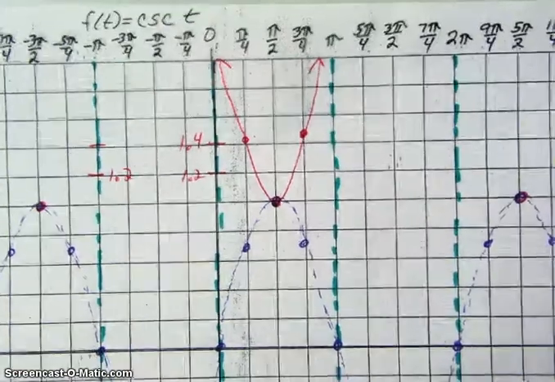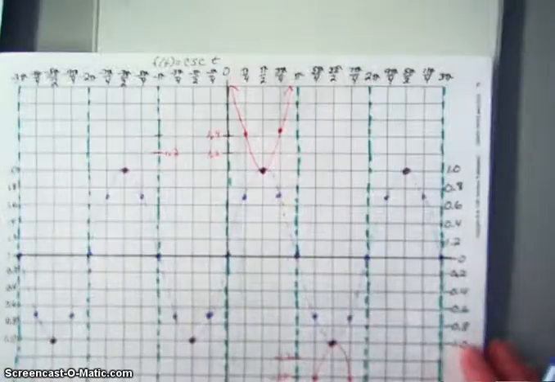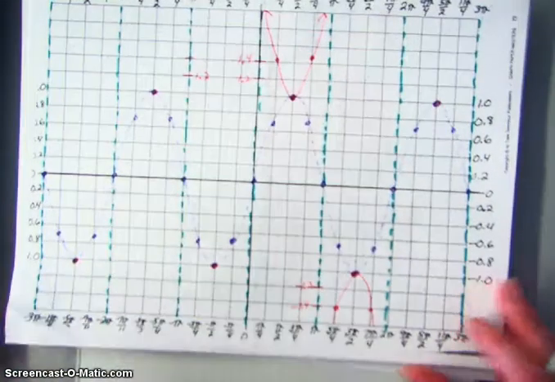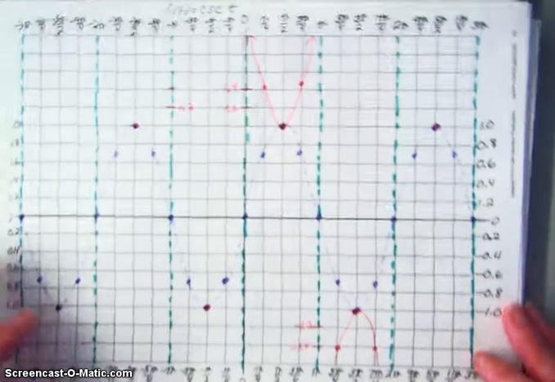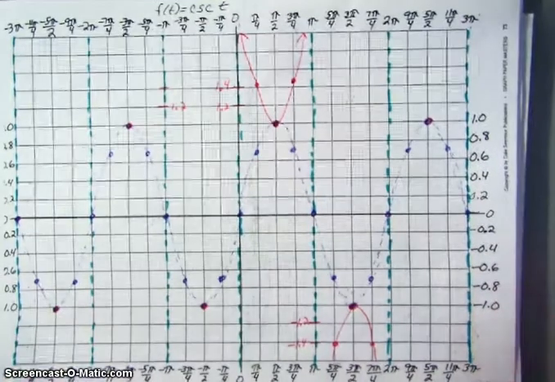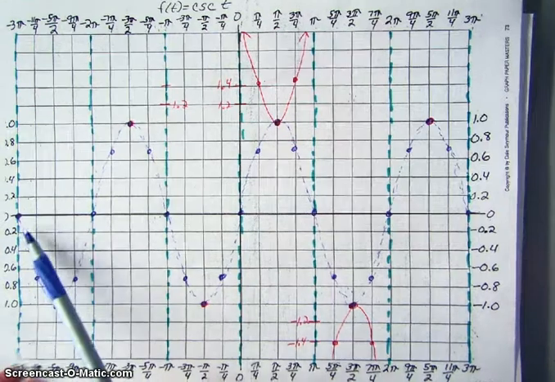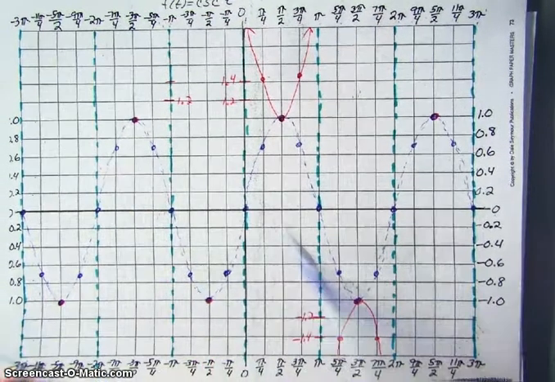Okay. So here, I've gotten started with the graph of cosecant. What I've done here is I first, in just a dotted, very light line, graphed sine.